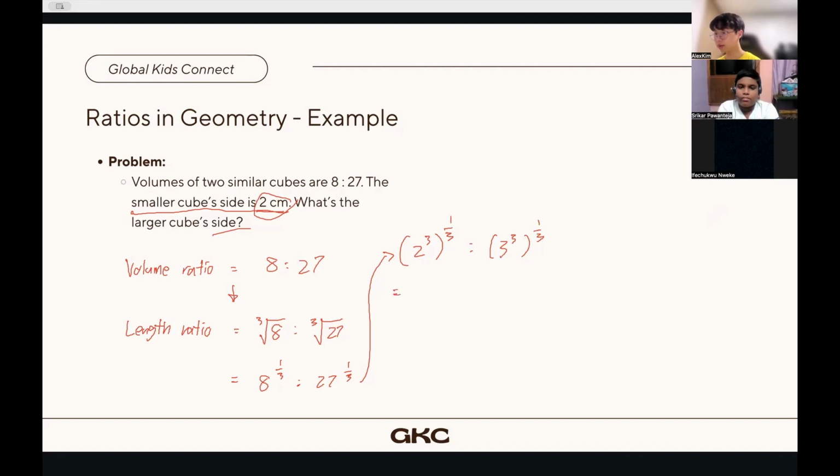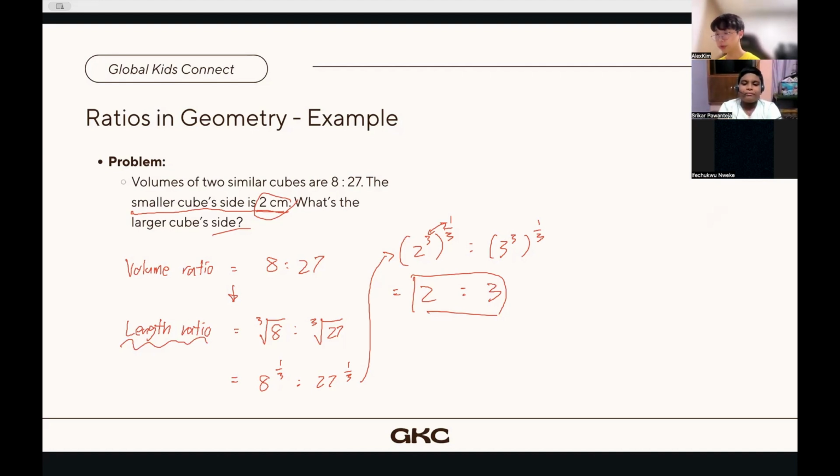If you remember during our first class, we talked about the laws of algebra and the laws of exponents. If we have a power of a specific number, then we multiply the powers together. So 3 times 1 over 3 is just 1. Therefore, the left side of the length ratio is 2, and the right side is 3. And so we found our length ratio, which was 2 to 3.